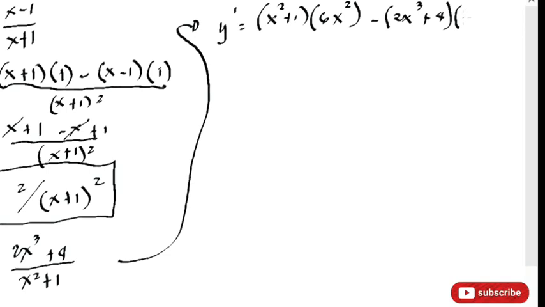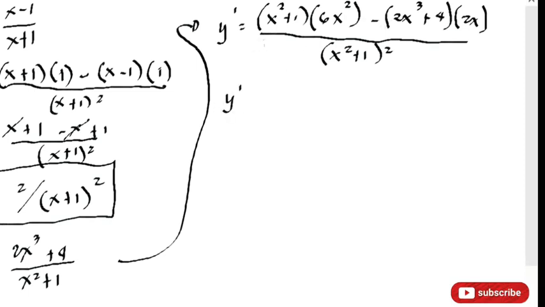Of course, that is 2x, all over x squared plus 1, the quantity squared. Let's simplify that further, although this is actually already the answer.